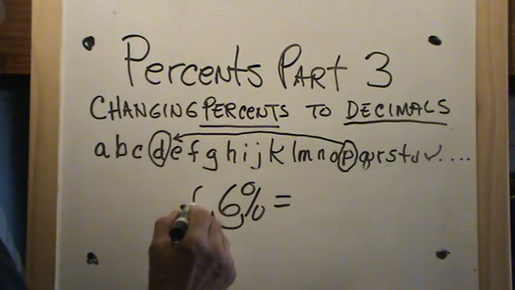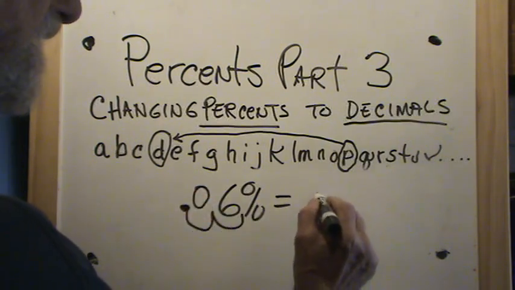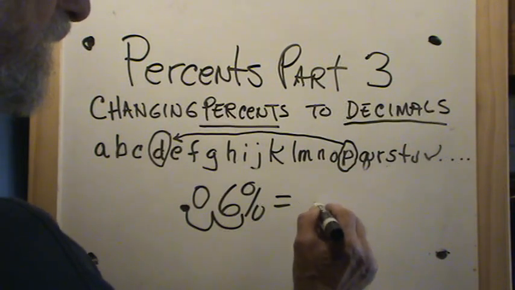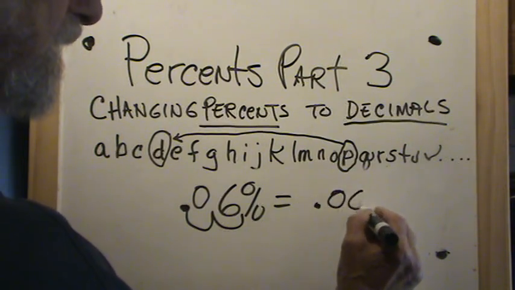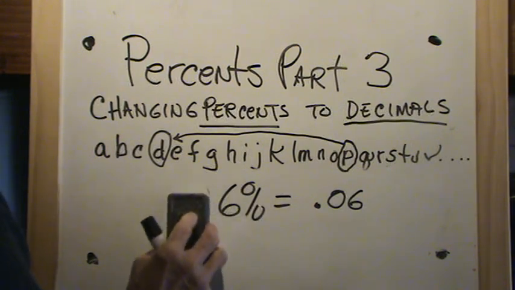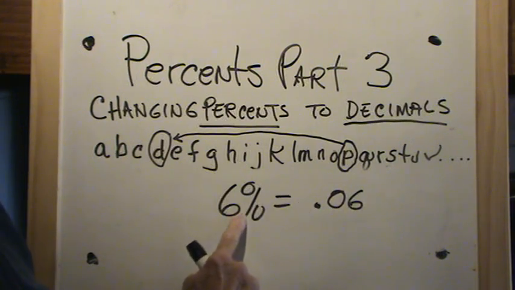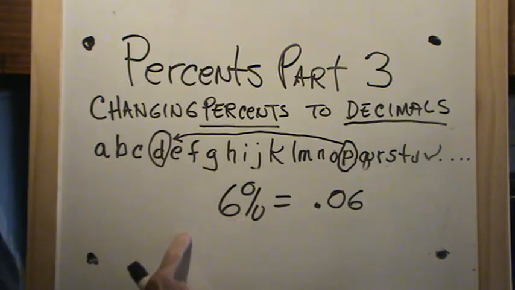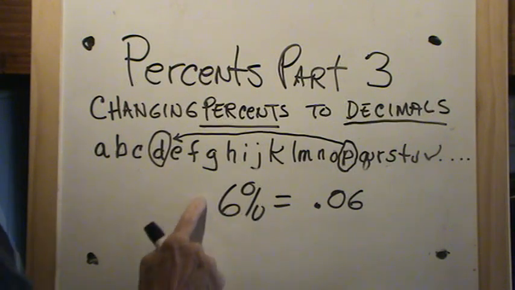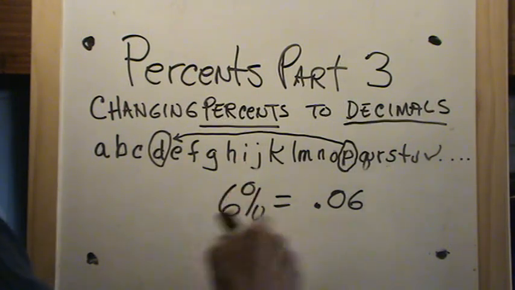Well, we have to put a 0 in here as a filler. So 6% is equal to 6 hundredths in decimal fraction. We move the decimal place 2 places, 1, 2, put the 0 to hold it and get rid of the percent sign.